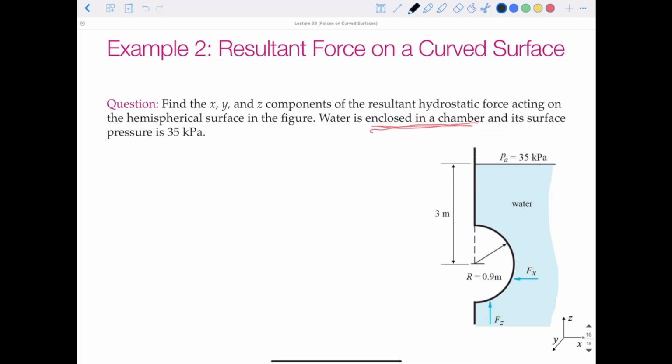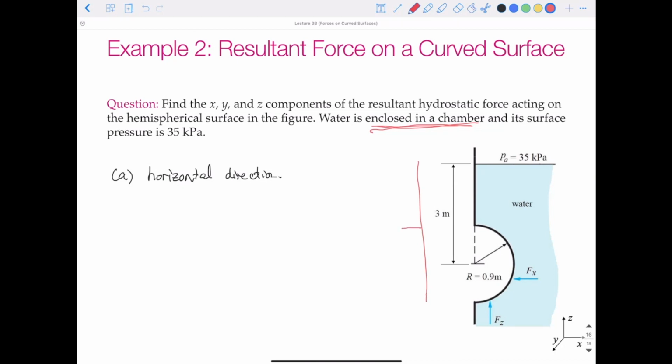So let's start by looking at the horizontal direction. If we have a horizontal component, let's just draw again.